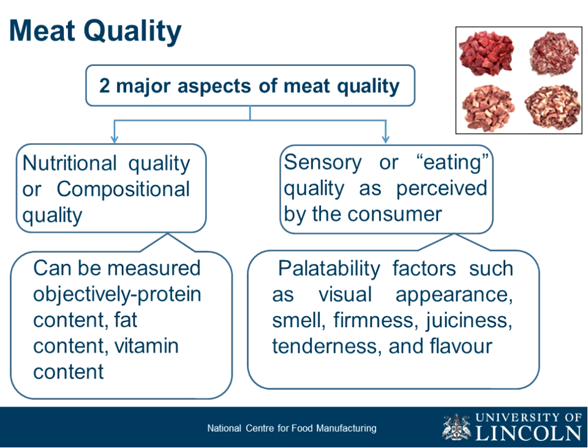Now, under the meat session, we mentioned that there are 2 major aspects of meat quality. We have the nutritional or compositional quality, and we also have the sensory or eating quality as perceived by the consumer. The technological aspect is also there, but we want to focus on these 2 major aspects.